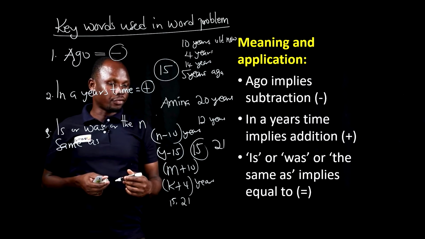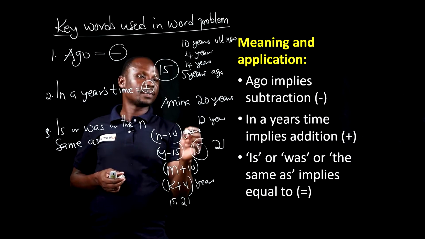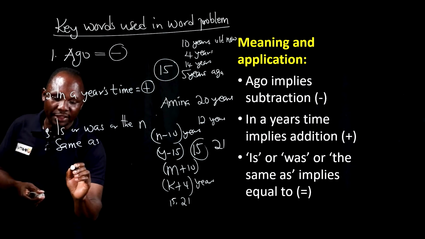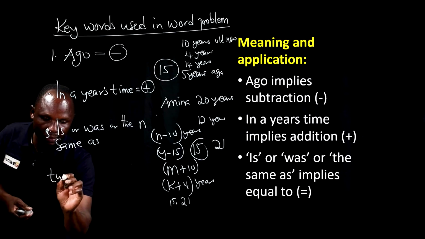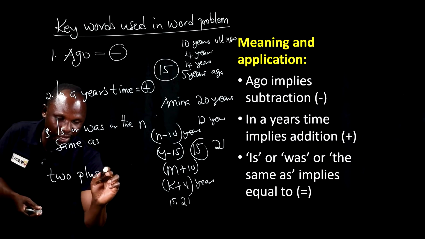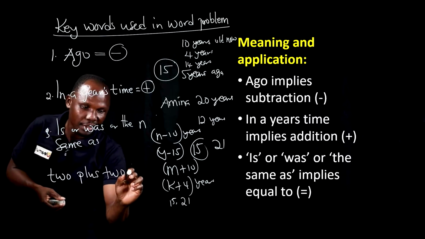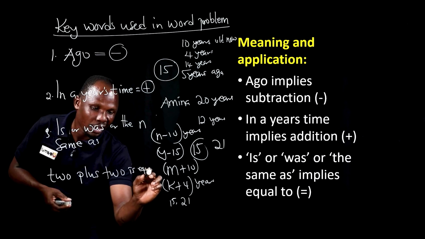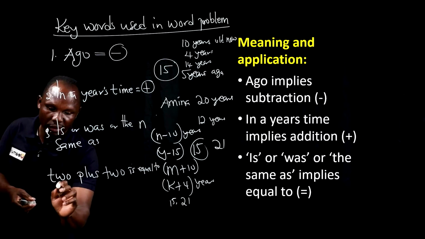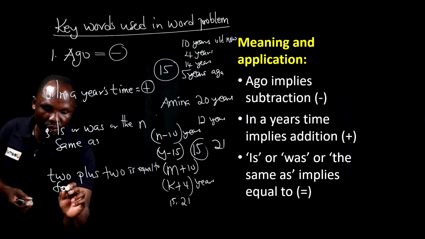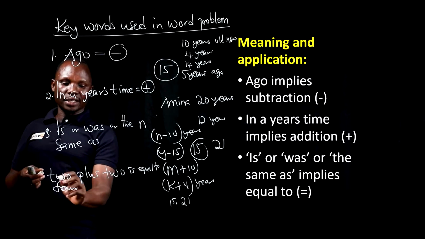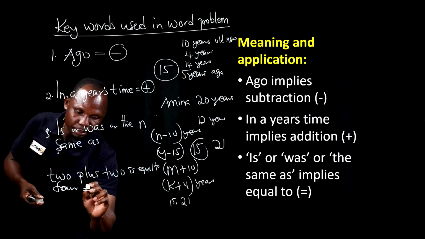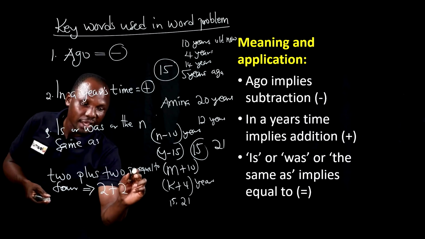Now, if we look at the statement in English, 2 plus 2 is equal to 4, F-O-U-R. If we want to write this in a mathematical statement, 2 plus 2 is equal to 4.